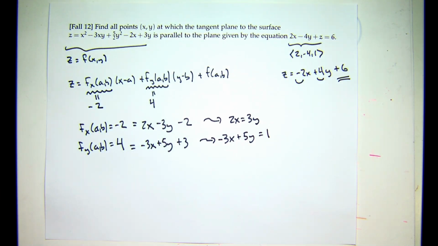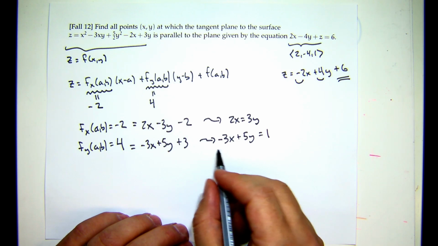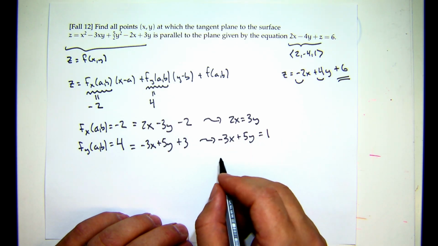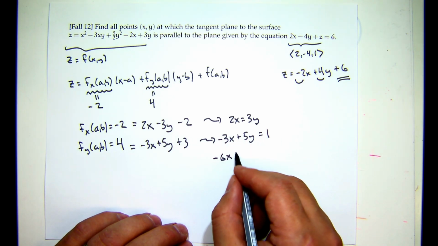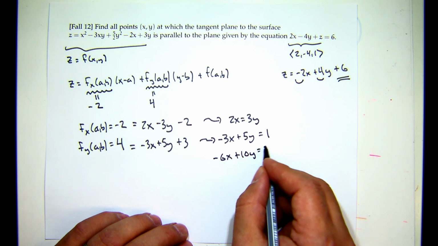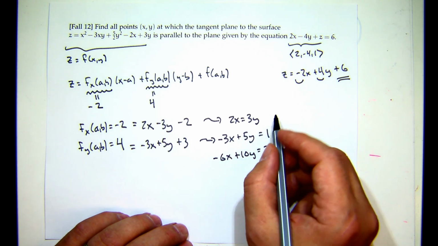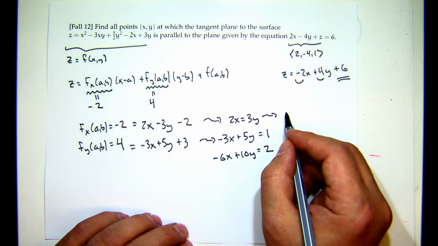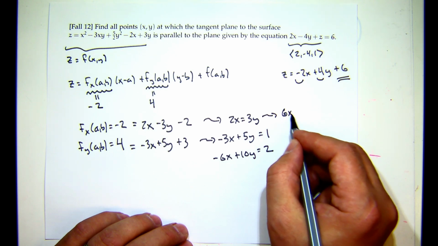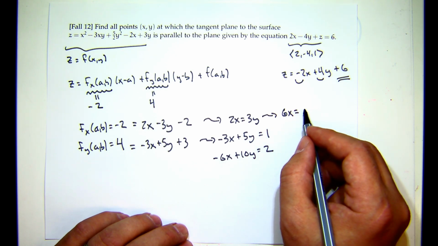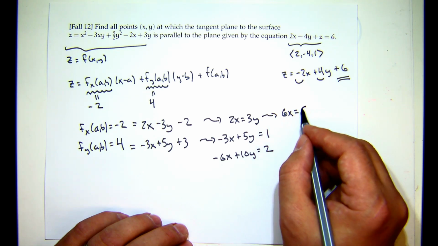Now, we got to figure out how to solve this system of equations. How do we do it? Well, lots of ways. If I multiply here, say by 2, I'll have negative 6x plus 10y equals 2. And then I say, oh, hey, notice that 6x equals what? Equals 9y.